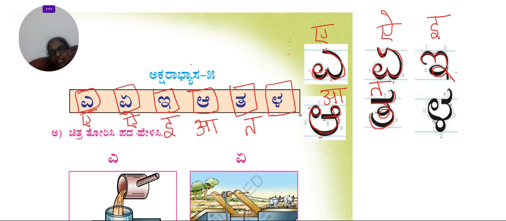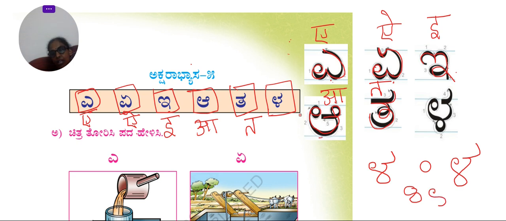And then the next alphabet, this is La. So you start like this, down, twist and come back and write the talakattu. So it's like writing the digit 8. It's not exactly, but similar to writing the digit 8. In 8, we start like this and we join here.